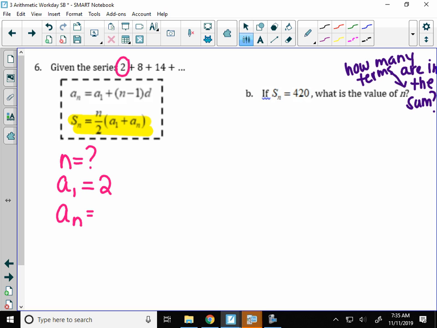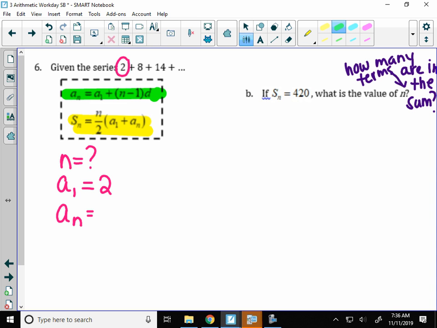But just like the video for the first problem, we are going to write a little formula for a sub n, because while we don't know what the number for a sub n equals, we do know how to write an expression for a sub n, and that is using this top formula in green up here.